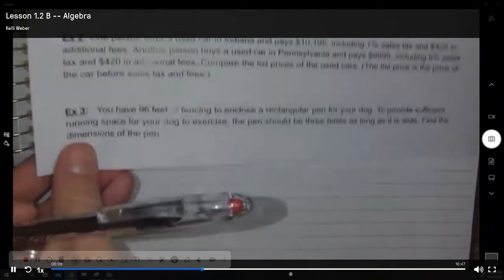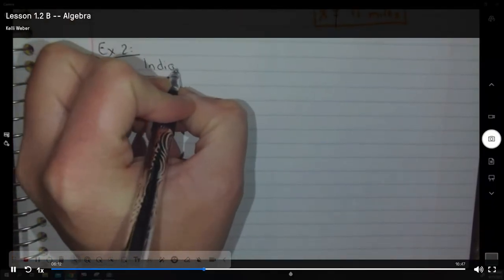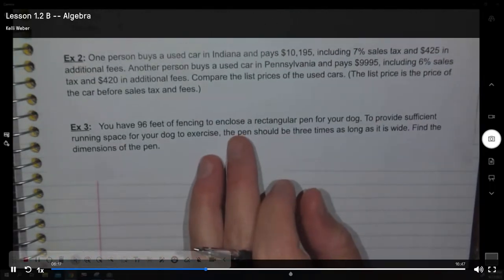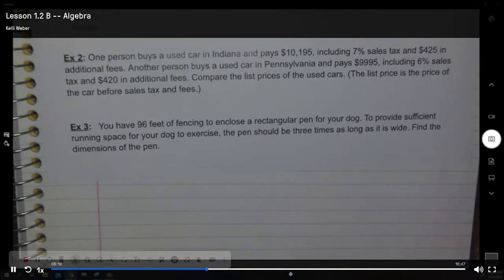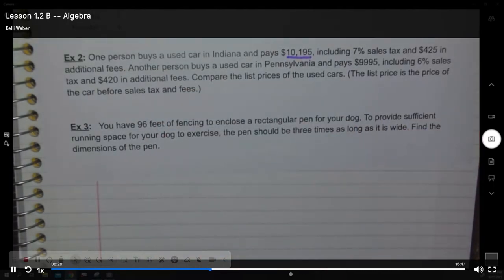We're going to focus first on our car that was purchased in Indiana. So for Indiana, we know that they paid a total of $10,195.